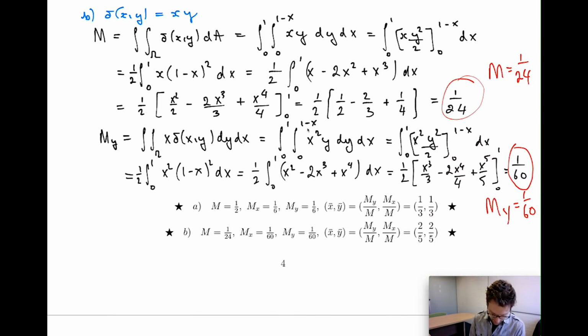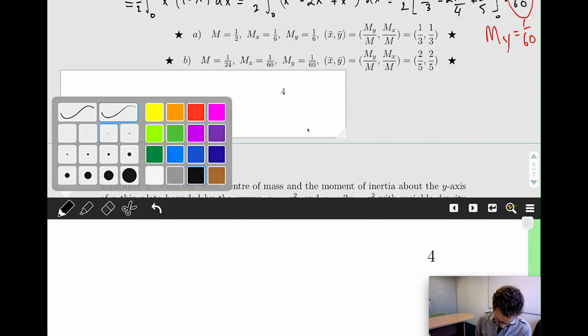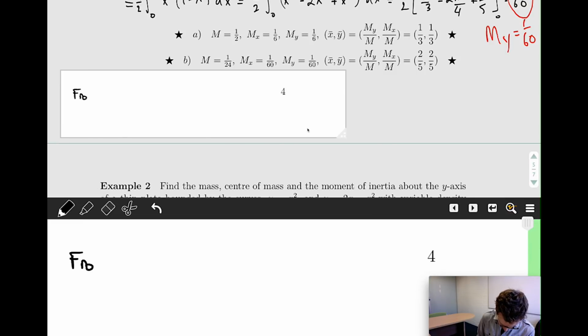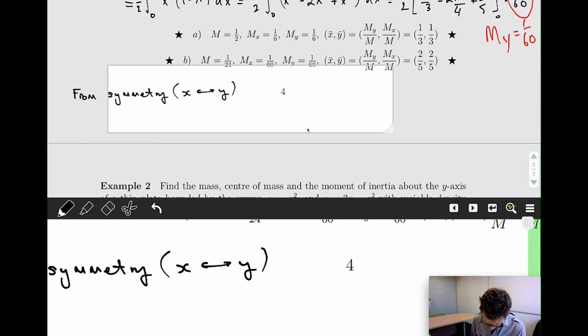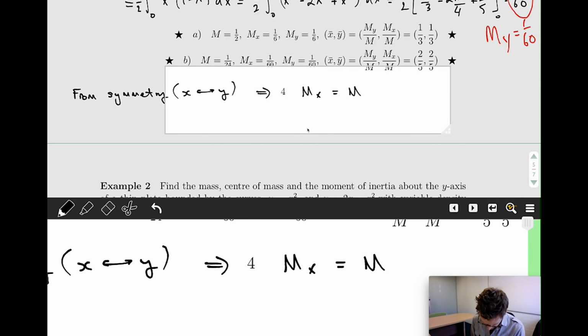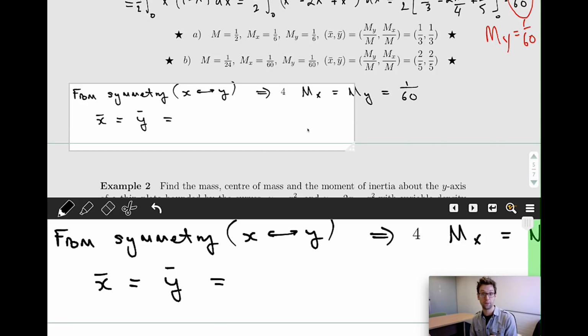So from symmetry then, that is the fact that I can replace x with y and y with x to get the same thing, I have that the first moment about the x-axis must be the same as the first moment about the y-axis. So we saw that that was 1 over 60, which means that the center of mass about the x-axis has to be the same as the center of mass about the y-axis.